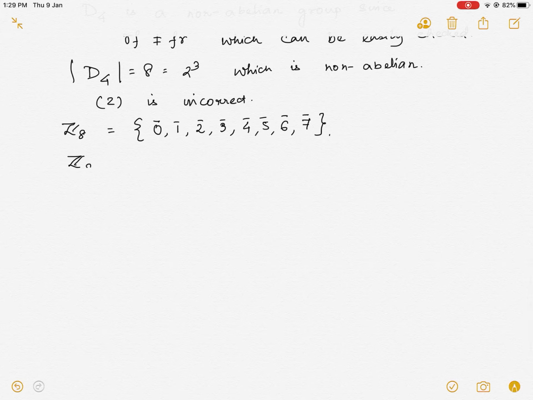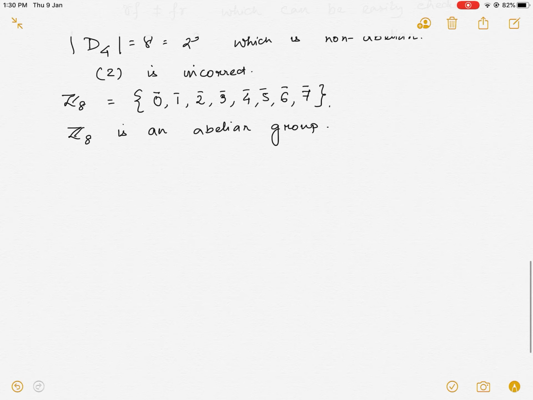Now Z8 is an abelian group. In fact, it is a cyclic group of order 8.